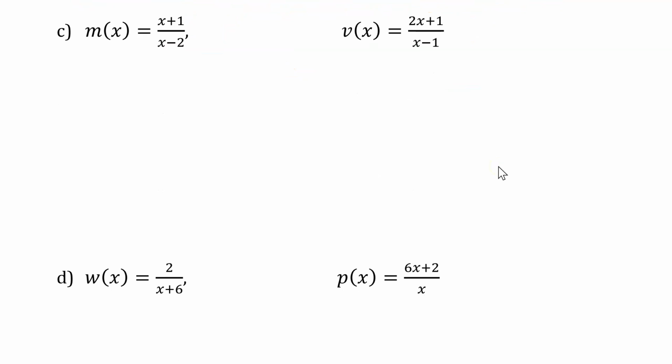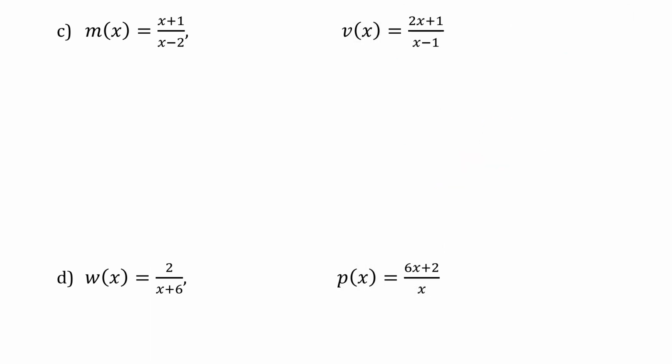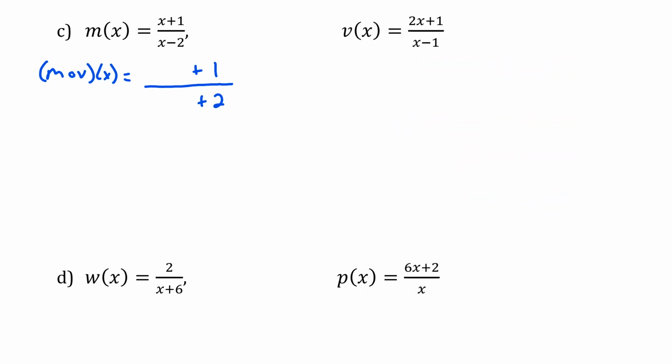Let's look at m and v. So let's start with m of v of x. And this one, I'm going to have a plus 1 and a plus 2. And in place of those x's, I'm going to put a 2x plus 1 over an x minus 1.